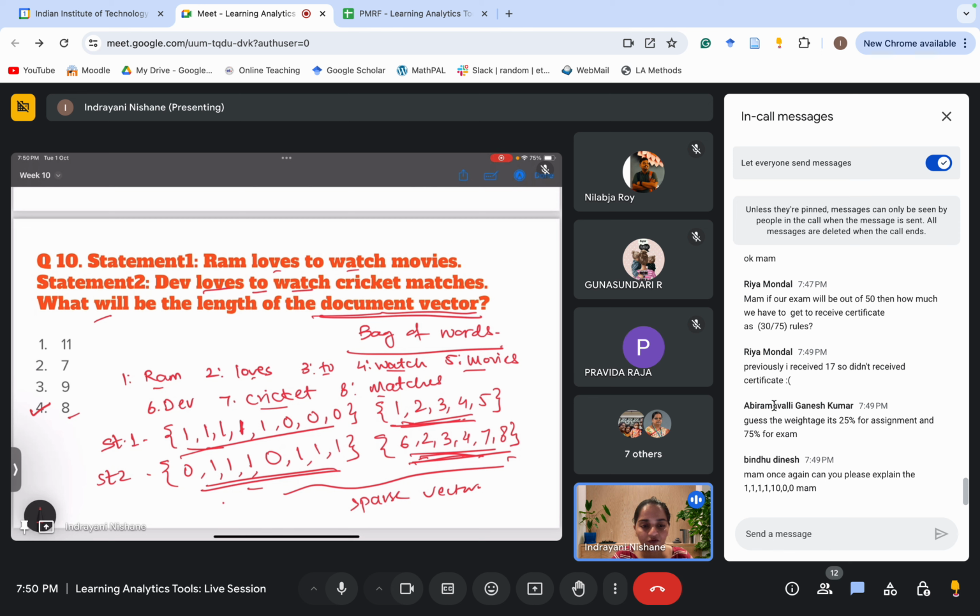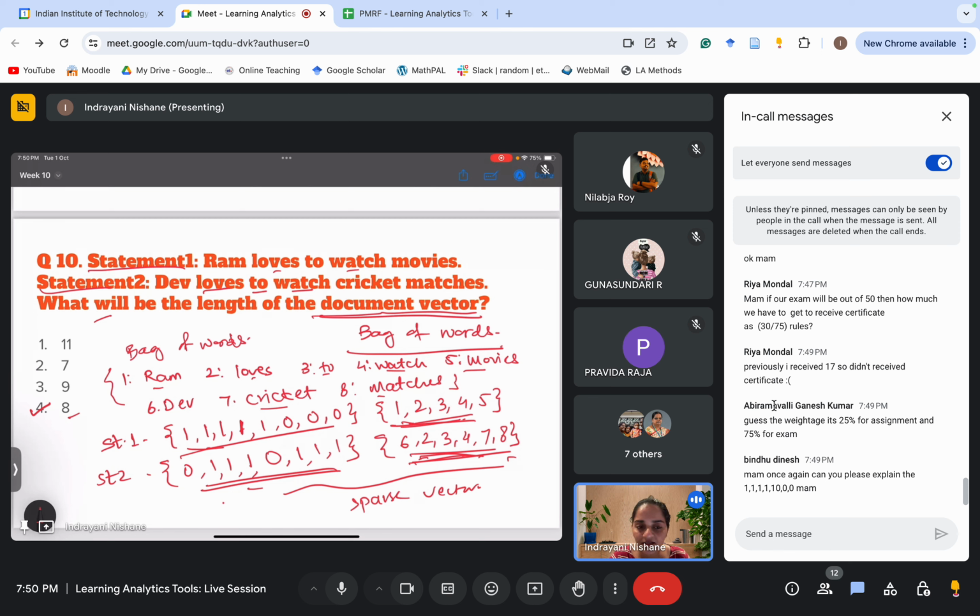Again, I have gotten this doubt that I need to explain this 1100. This 1, 1, 1, 1, 0, 0, 0 is nothing but what we made from the bag of words for these sentences, statement 1 and statement 2.